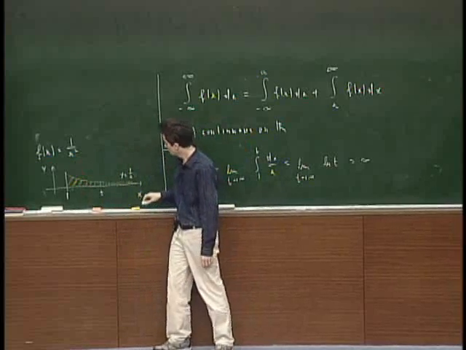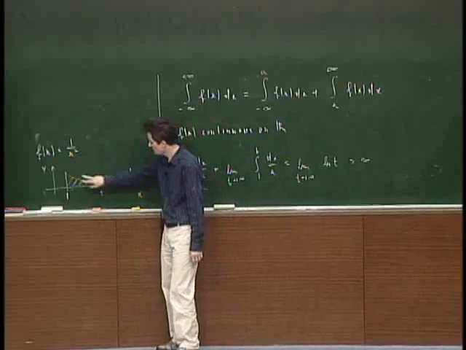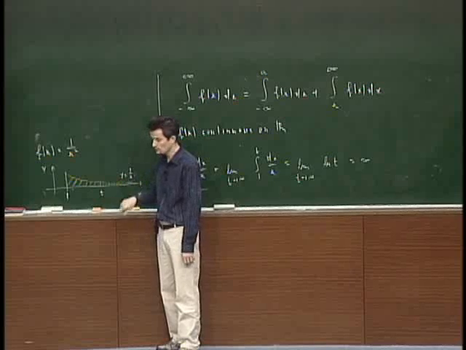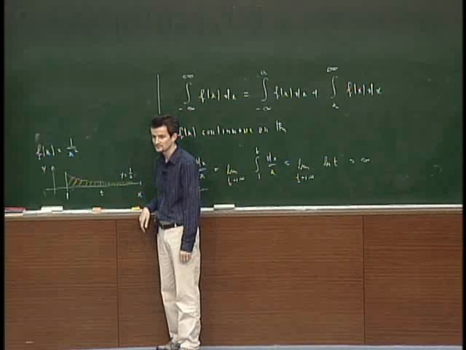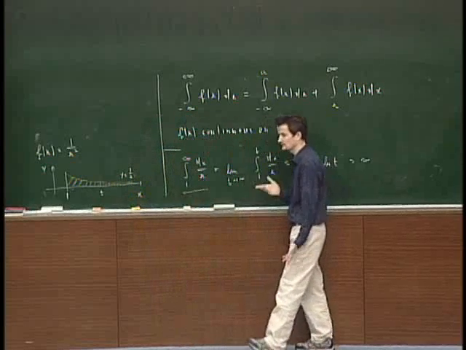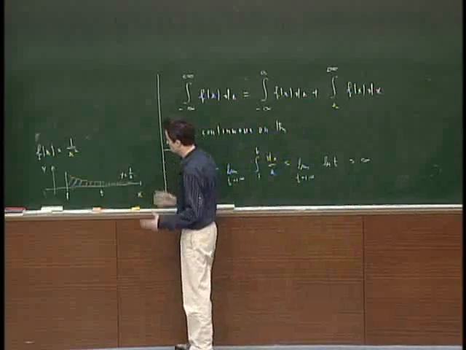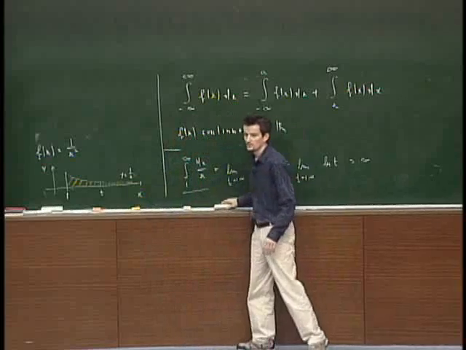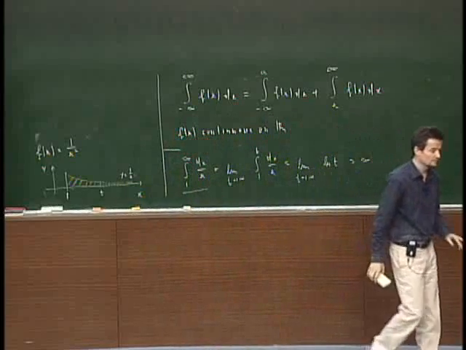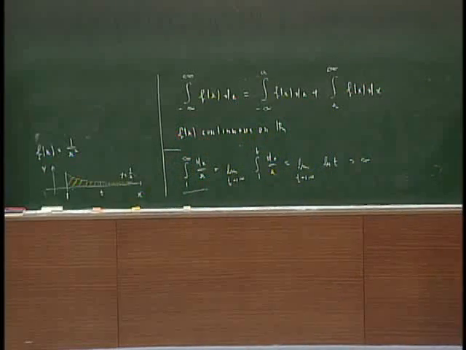So 1 over x has no area, but if you rotate this area about the x-axis, the volume exists. So you have some strange phenomena for this kind of area definitions. So this is one example.